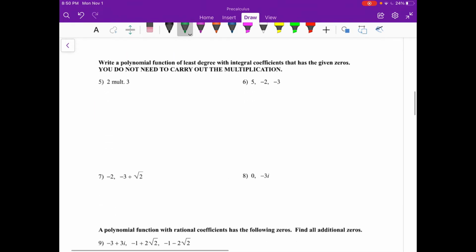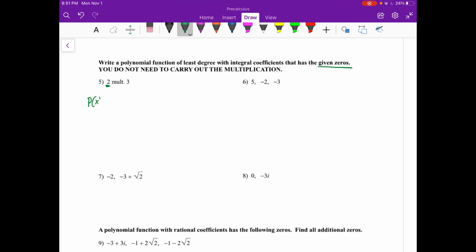Moving to the back page, write a polynomial function of least degree with integral coefficients that has the given zeros. You do not need to carry out the multiplication. So for number 5, it says the given zeros. So 2 is a 0, multiplicity 3. If 2 is a 0, well, let's write that we're going to have a function.